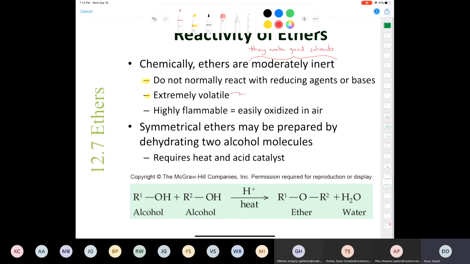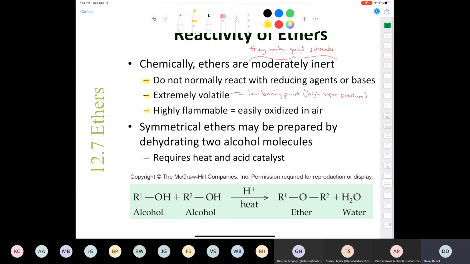No? Volatile means it has a very low boiling point. Another way to phrase this would be a high vapor pressure. High flammability, so they catch on fire very easily.